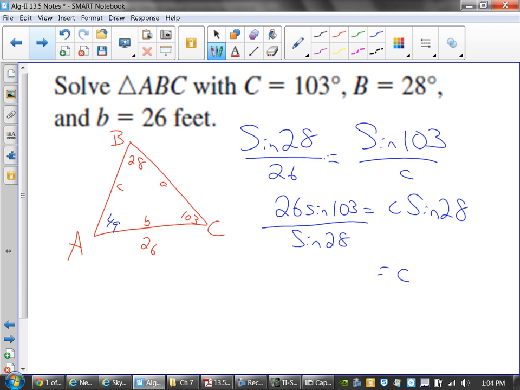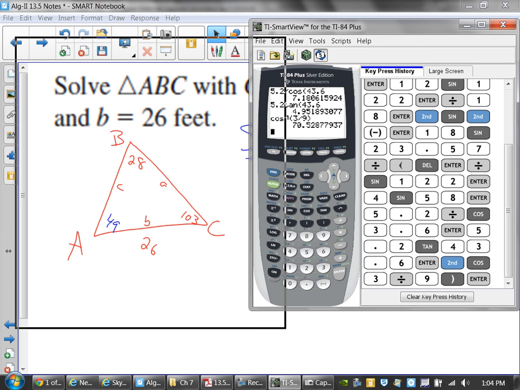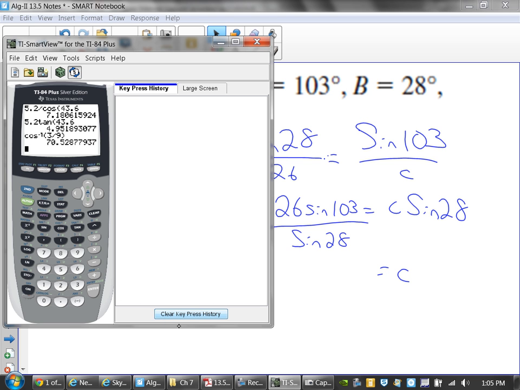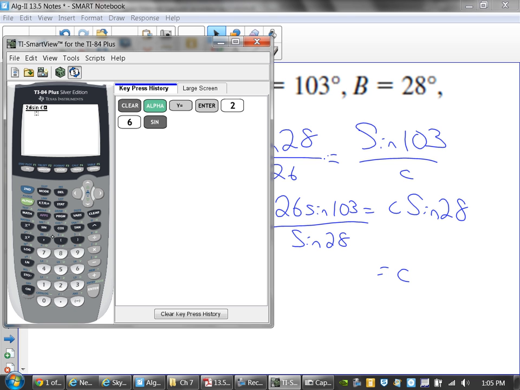Now, what's nice is that you can type that directly into your calculator. When you have the fraction, just put it as a fraction. Alpha y equals 26 sine 103 over sine 28 and hit enter.